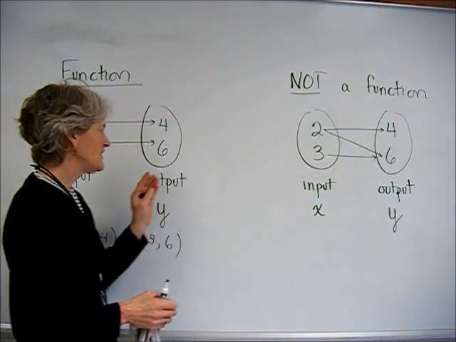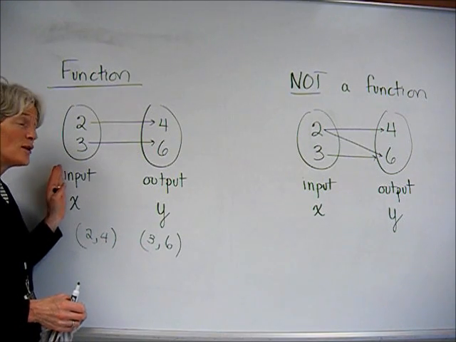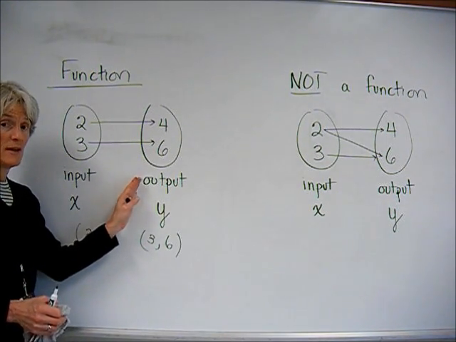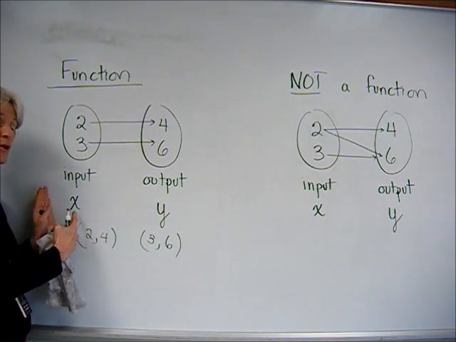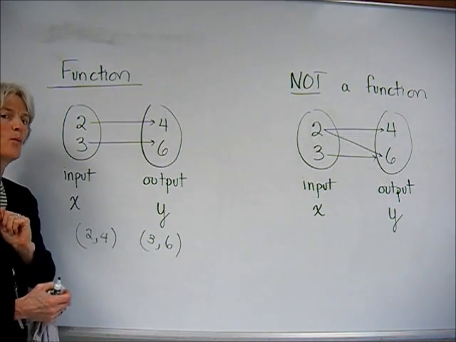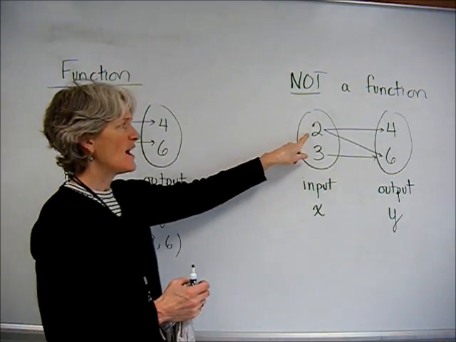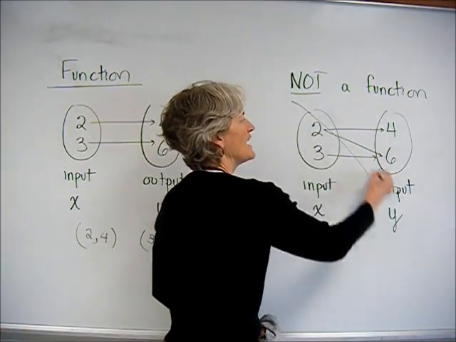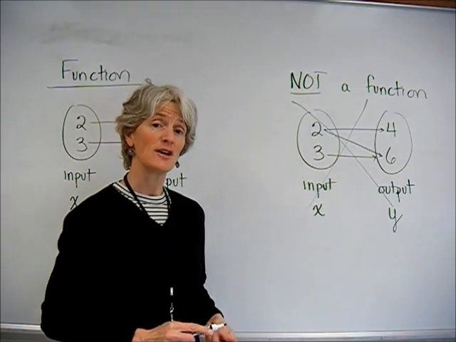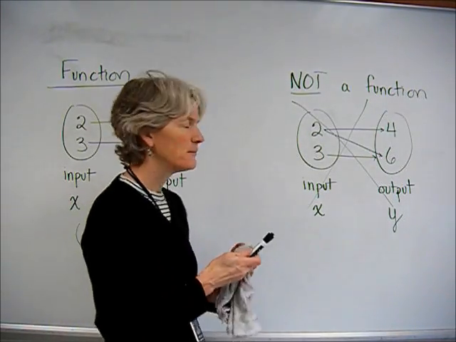So a function, again, is when you put in one input, you get out one output. So each input, each x, corresponds to exactly one y. Each x here does not correspond to exactly one y, so that is not a function. You getting the hang of it?